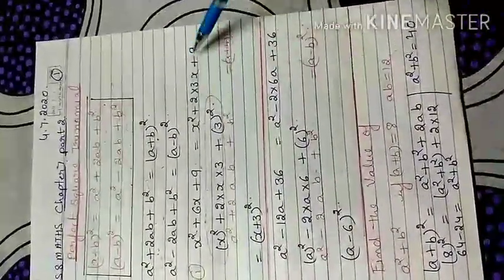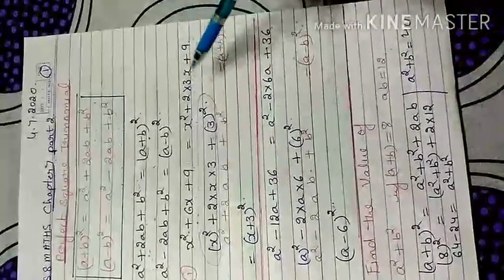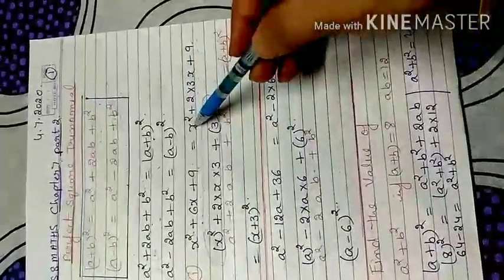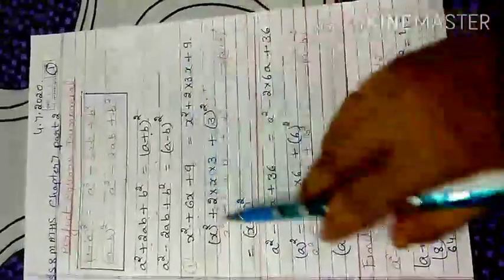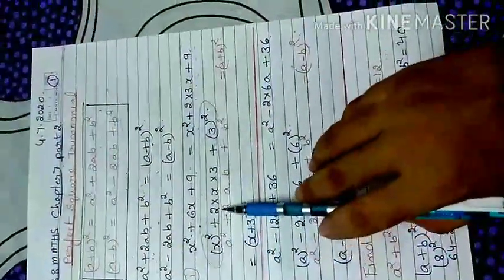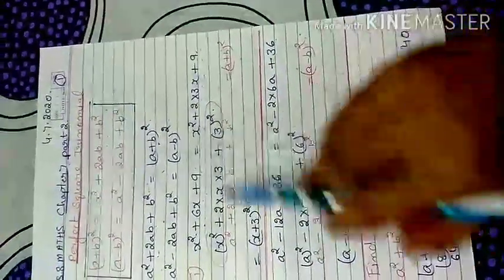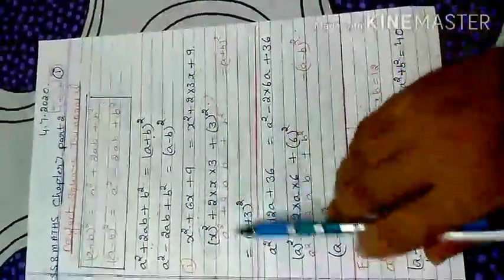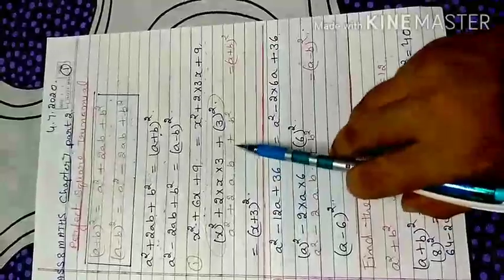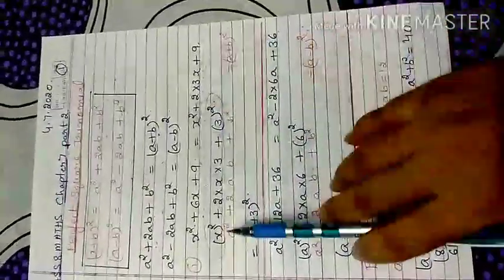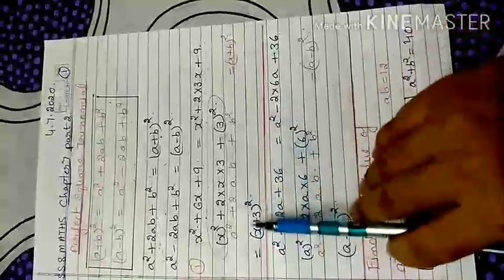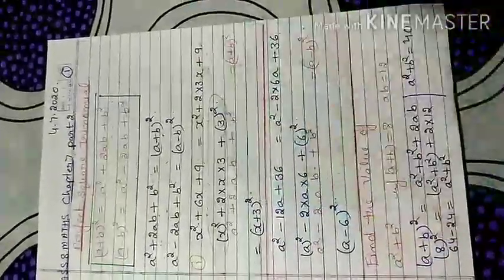That becomes x square and 9 is 3 square. So your first term is x and second term is 3. You write x square plus 2 into x into 3 plus 3 square. You convert this into a square plus 2ab plus b square form. If this form is equal to (a plus b) whole square, you can directly pick the a and b terms and write (x plus 3) whole square.